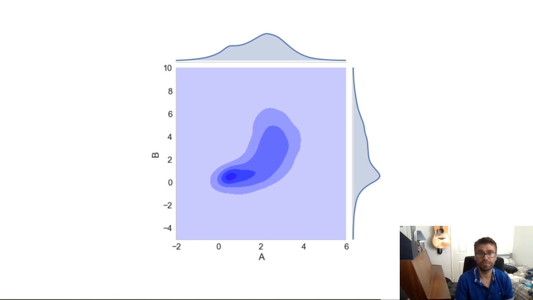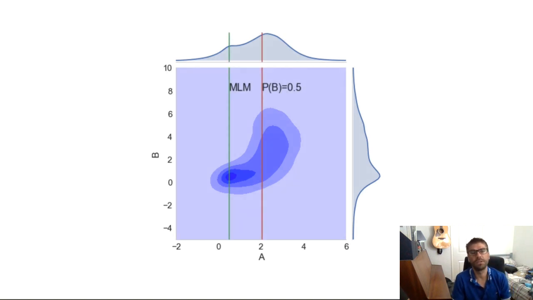Now, the traditional approach of fitting models is what we call a maximum likelihood approach, and that's where you find the area which is densest in that probability space. However, if you take the maximum likelihood approach for this example, the green line, which you can see here now in this plot for a parameter A, naively you'd expect the probability of being on the left hand side of that green line to be 50% and 50% on the right hand side.